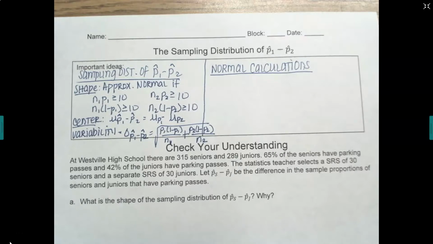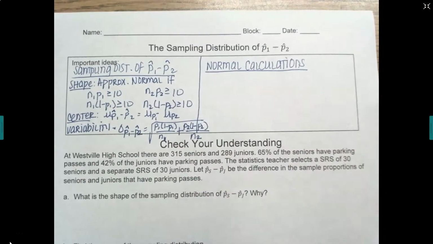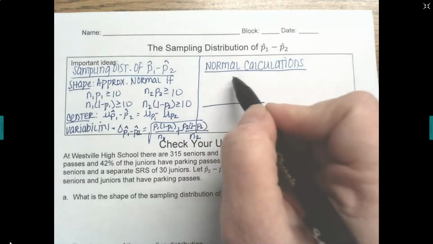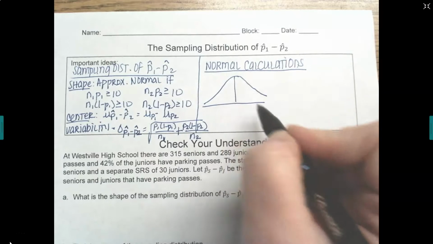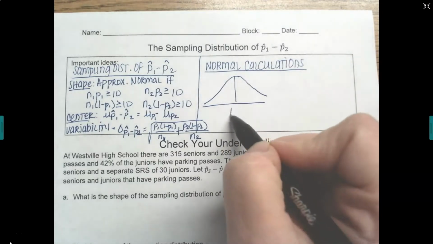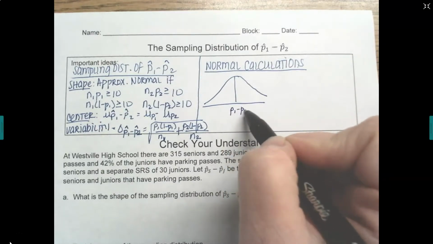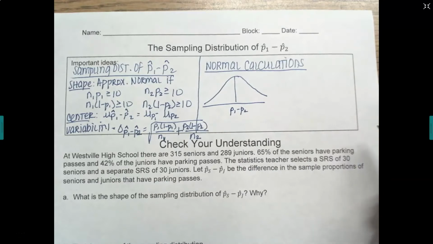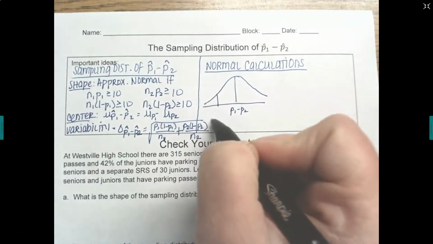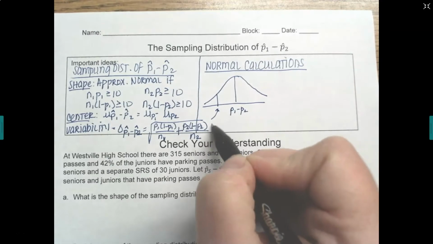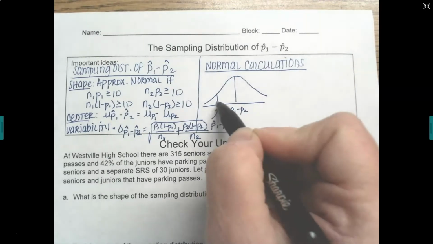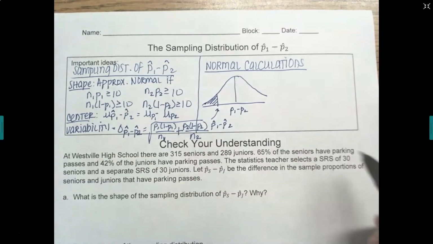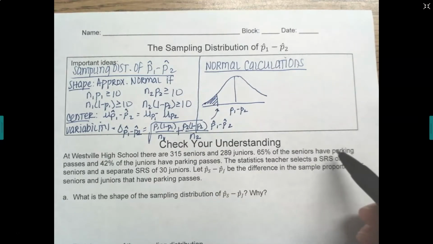When you do your normal calculations, you need to be sure to include a drawing, and the drawing needs to have the mean, which you got for taking the proportions and subtracting them. You need to label the score of interest, whatever it is. That's your p-hats when you subtract them. And you need to do the shading that's appropriate depending on where you're labeling.